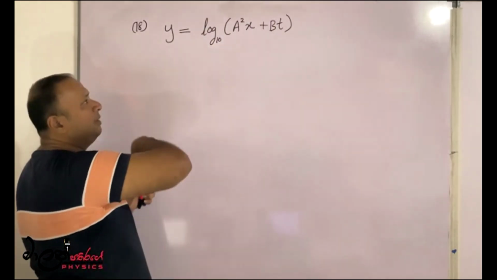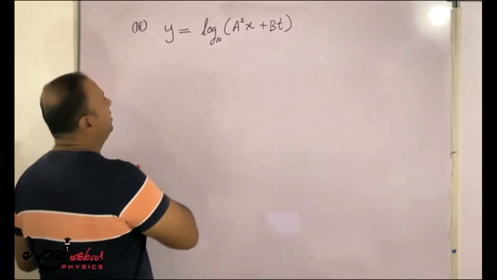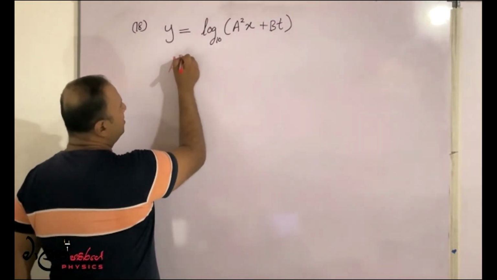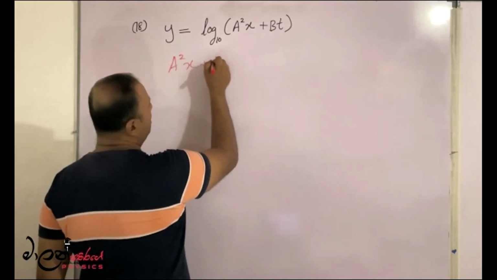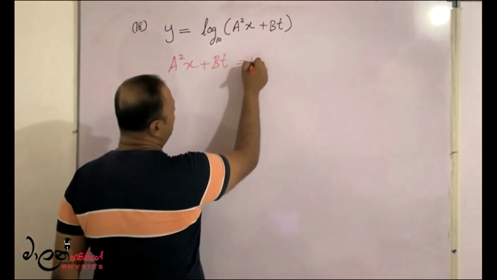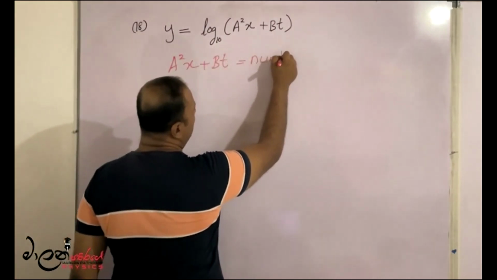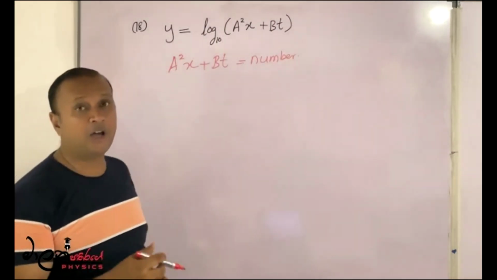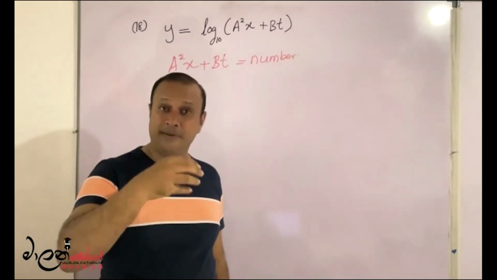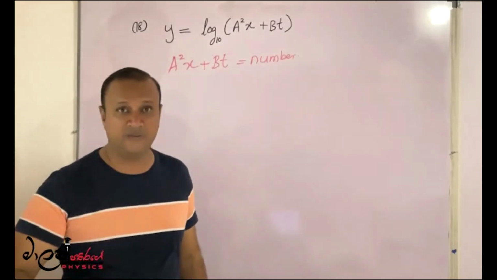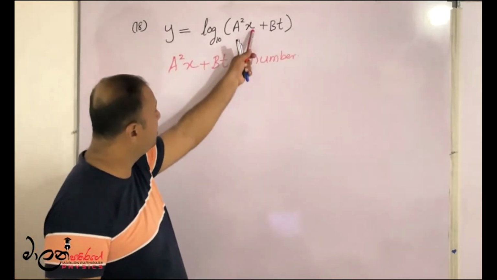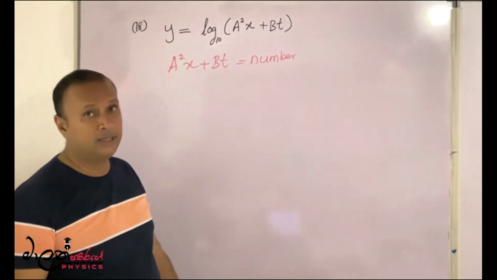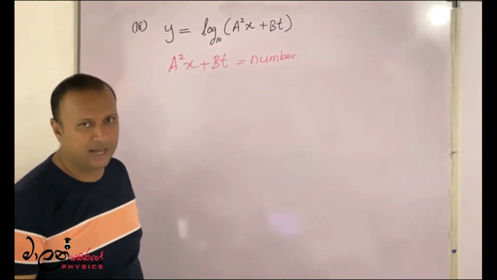So based on that argument, a squared x plus b t should be a number. What is the argument? There should be a number inside a logarithm function. That is the argument.